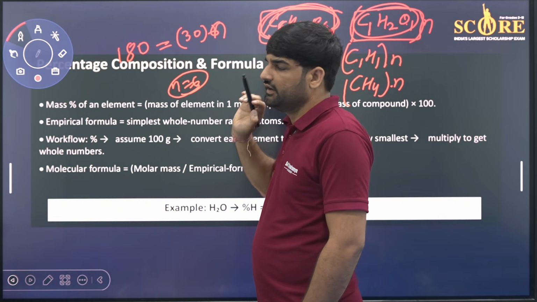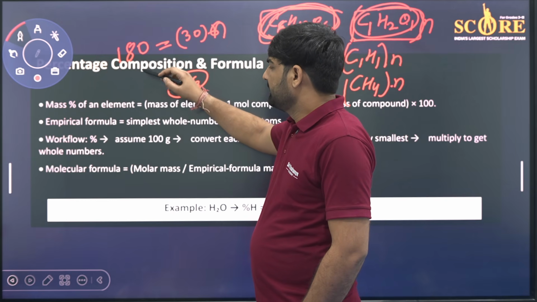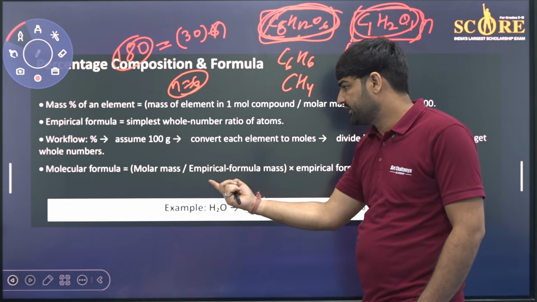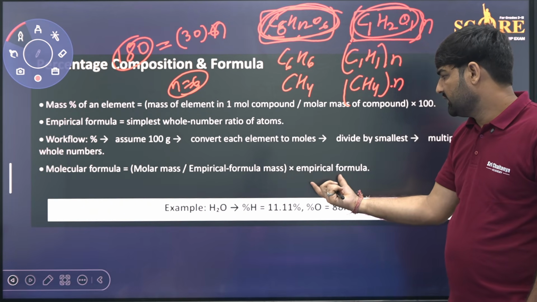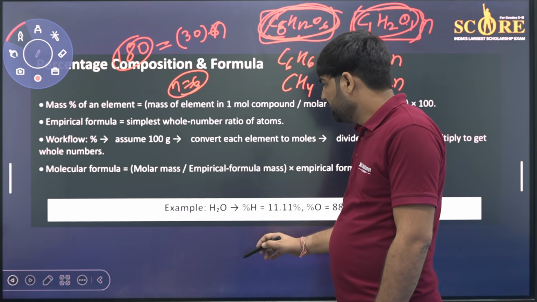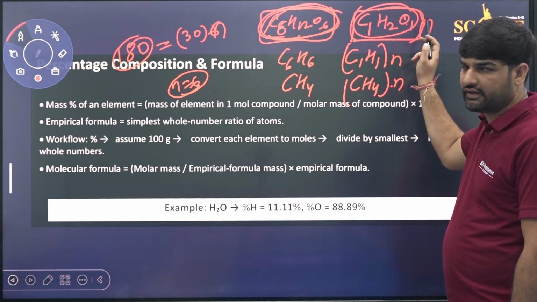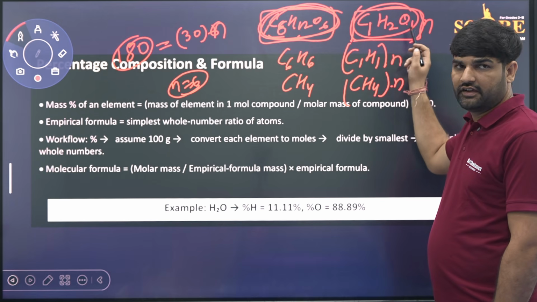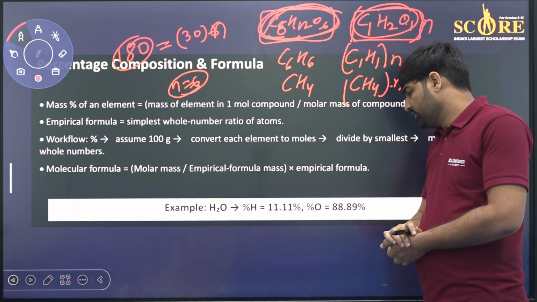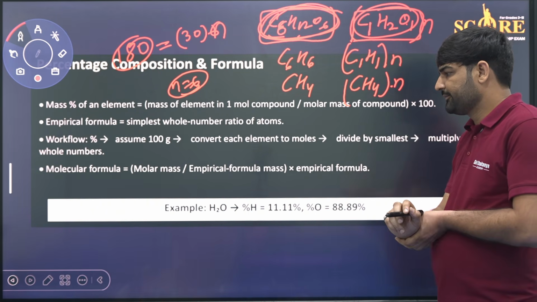It means N can be calculated by dividing molar mass by empirical formula mass. Then you can understand how to write this formula. If you can calculate N, then you write empirical formula multiplied by N, and you will get the molecular formula.